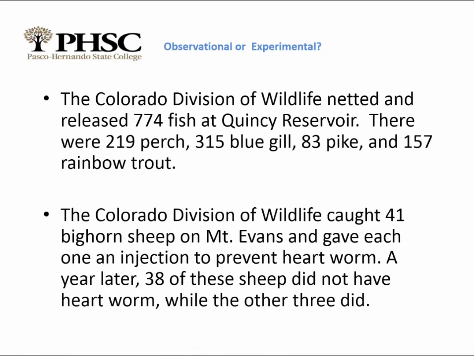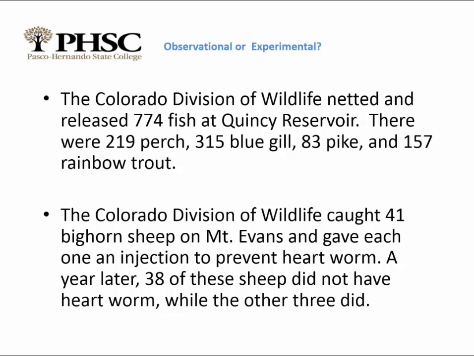So here we have a couple of examples. We're going to determine whether they are observational or experimental. The Colorado Division of Wildlife netted and released 774 fish at Quincy Reservoir. There were 219 perch, 315 bluegill, 83 pike, and 157 rainbow trout. And the second one is the Colorado Division of Wildlife caught 41 bighorn sheep on Mount Evans, gave each one an injection to prevent heartworm.